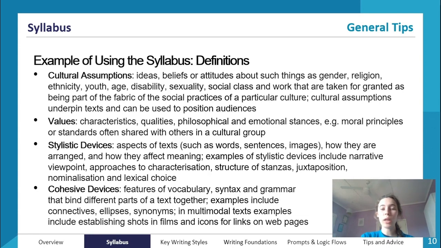So if we were looking at a text like Macbeth or Hamlet from the Shakespeare kind of period in Elizabethan England, then the cultural assumptions, some examples could be their beliefs in terms of gender. So women had a certain role in the household and in marriages.